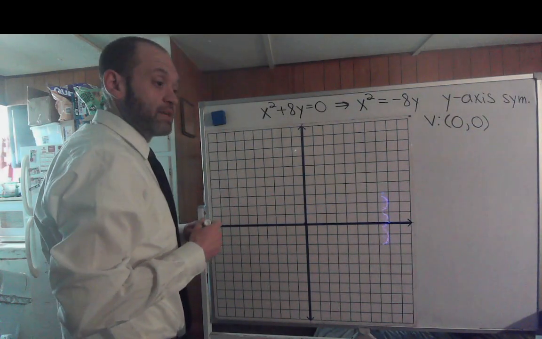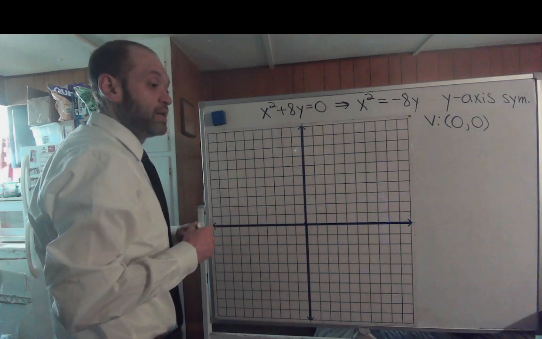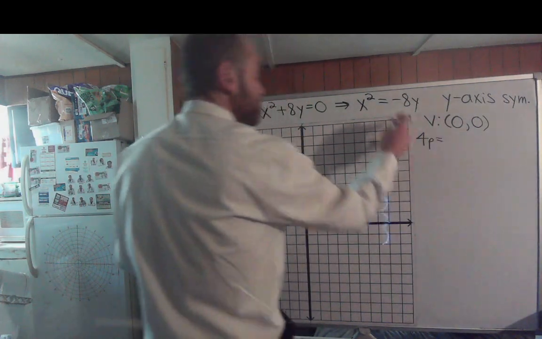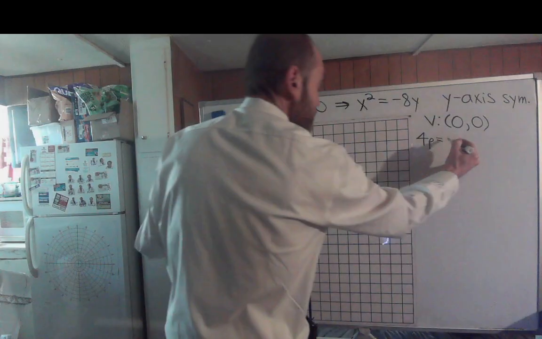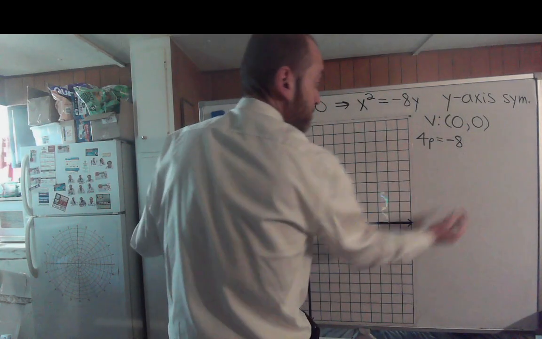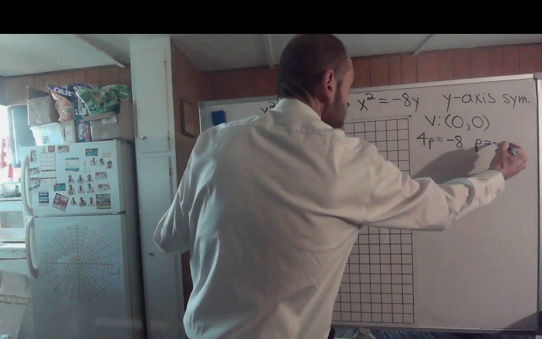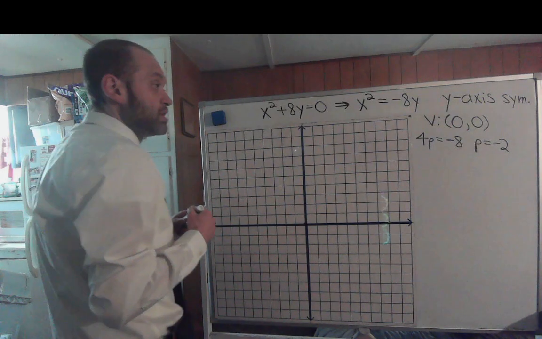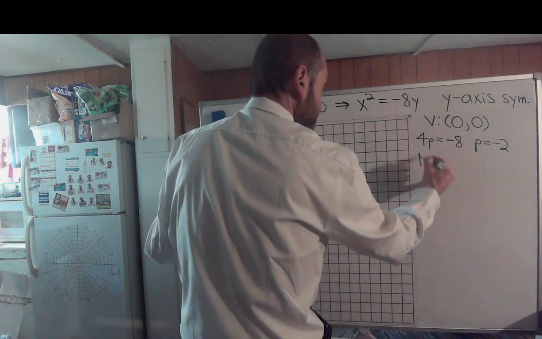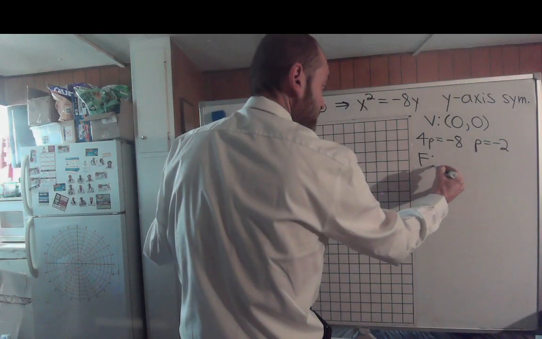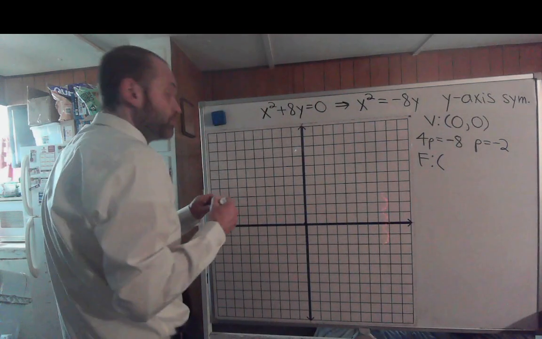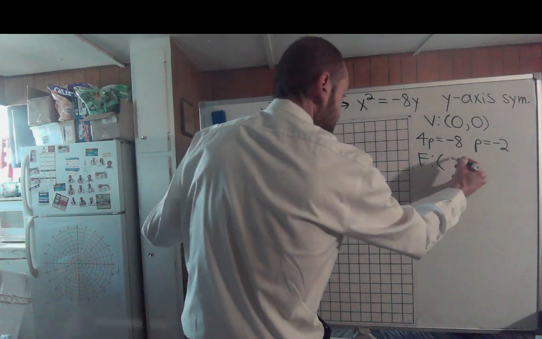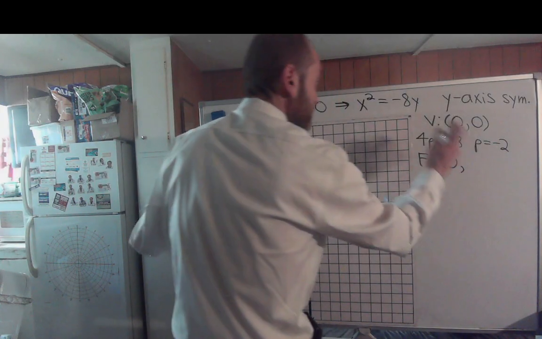Now, the next thing we need to do is solve for p. We're going to set 4p equal to that coefficient on the y, which is negative 8. Well, p then would equal negative 2. So p equals negative 2. So let's solve for the focus, which I'll abbreviate as capital F. Since it's got y-axis symmetry, I'm going to leave the x-coordinate of the vertex alone.